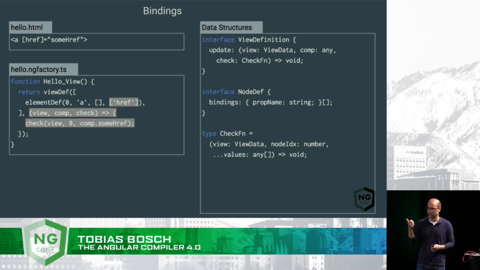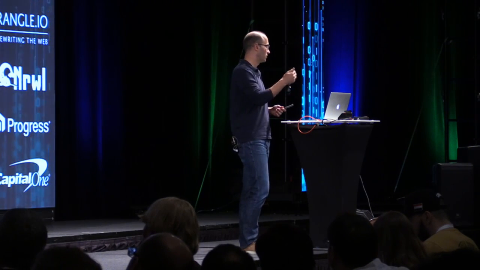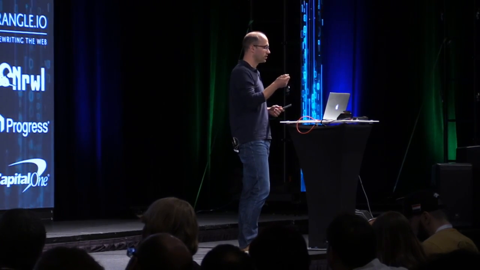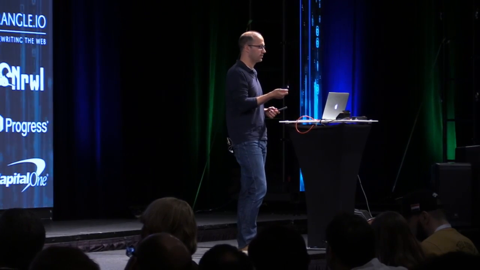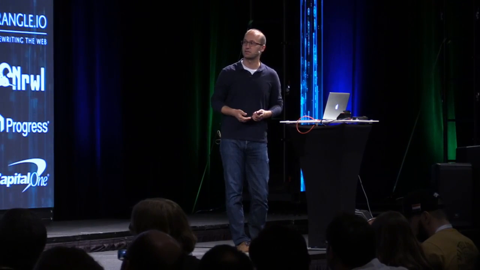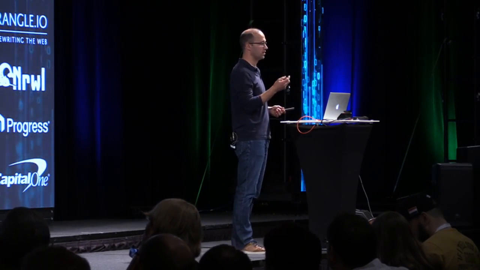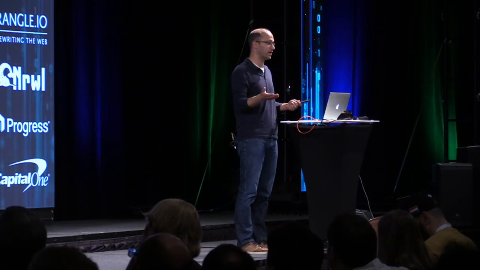So the update function gets the view data, the component, and this check function, and then it calls the check function with the view data again, with a node that contains the bindings, the index of the node. In this case, there's just one node, so index is 0, and the values of the bindings. In this case, we only have one binding, so there's just one value.